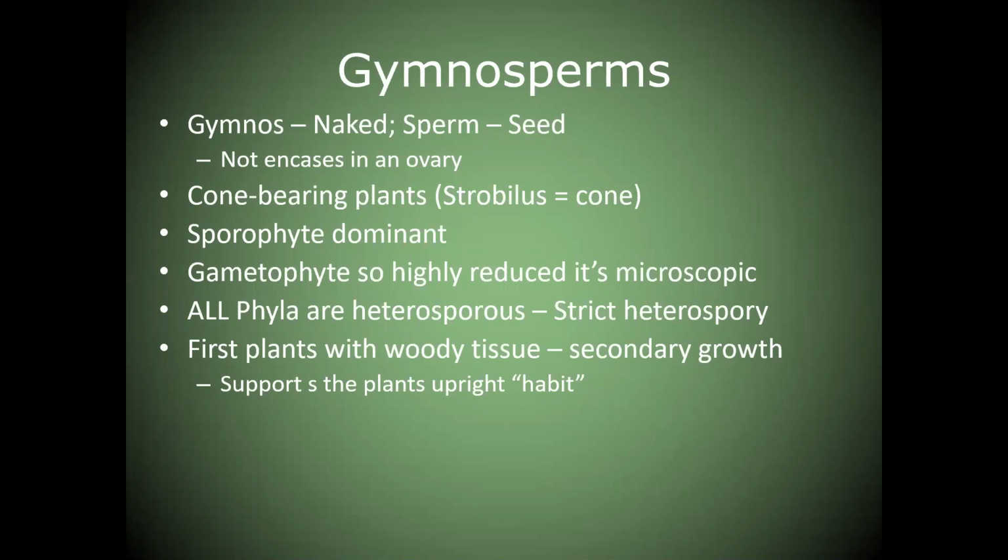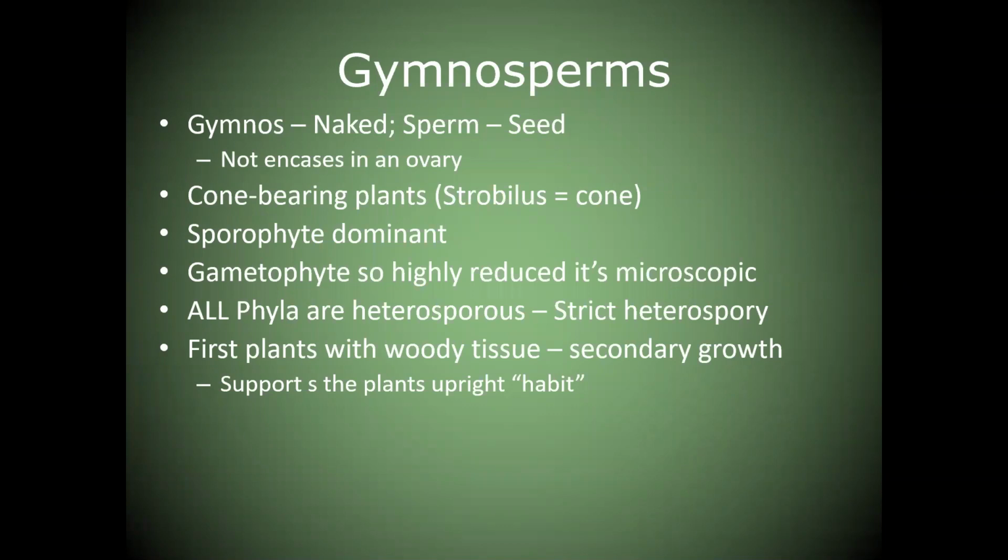In fact, if you wanted to make a guess on the tallest plants that are living today, those are gymnosperms. Redwoods, for example, and we will talk about redwoods later on. So the upright growth is created by secondary growth of the vascular tissue, and we will show that in an example with more illustrations later on.